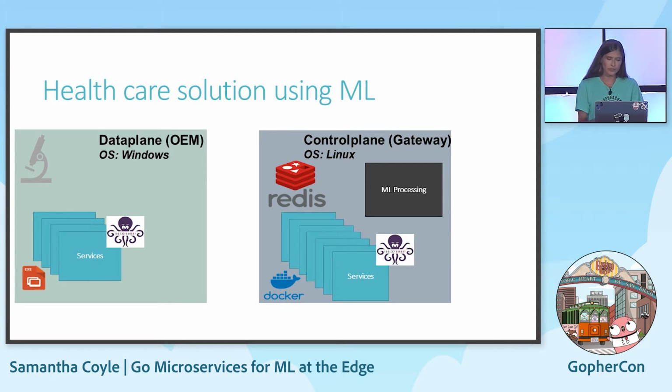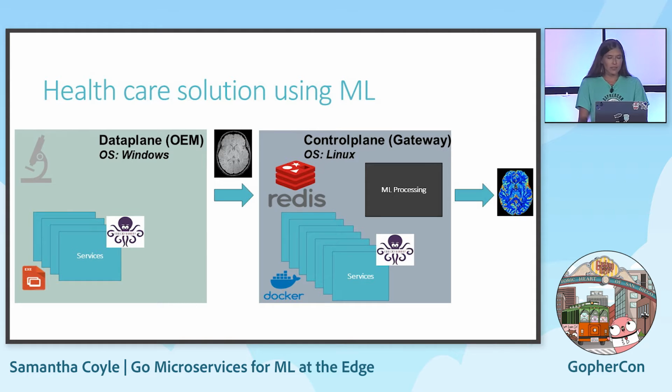We have a few more services running with Docker this time. Then we have a black box for machine learning processing. So I will very much treat that like a black box. And if y'all want more information, this was touched on in a prior presentation earlier this year, so I'll give y'all info on that later. And the control plane was running Linux. So keep that in mind.